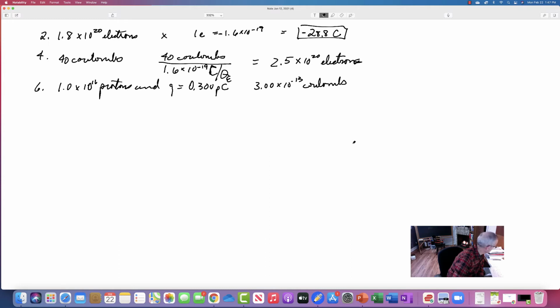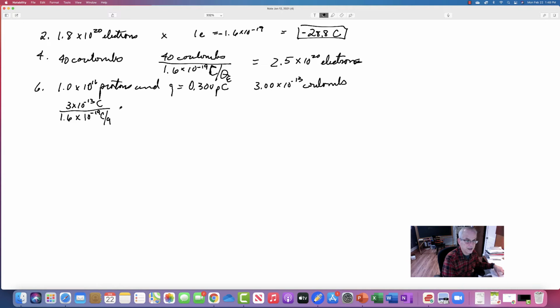And the question is, how many fewer electrons are there than protons? And so the charge, 3 times 10 to the minus 13, you divide that by the fundamental charge, 1.6 times 10 to the minus 19 C per fundamental.